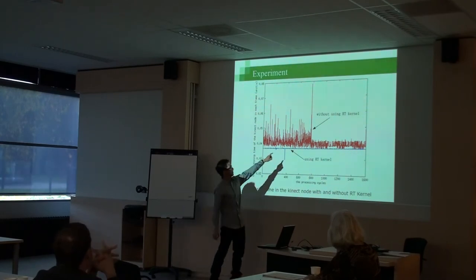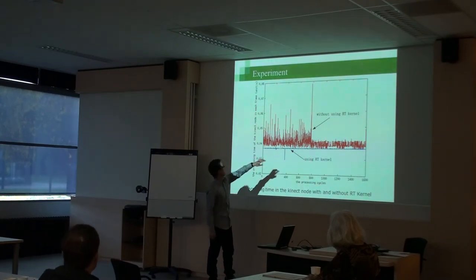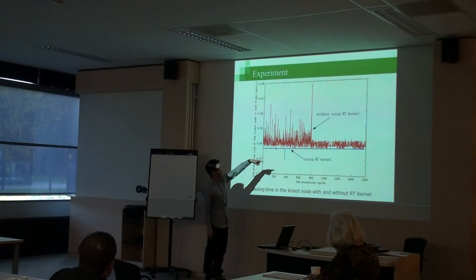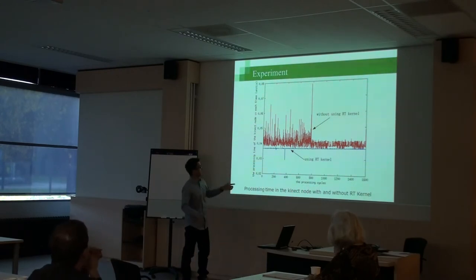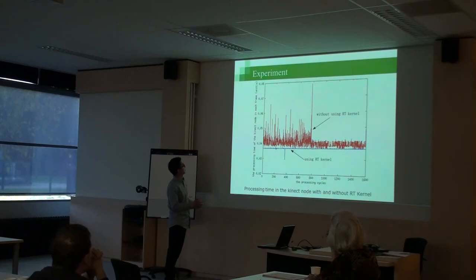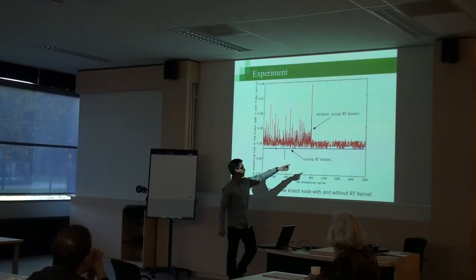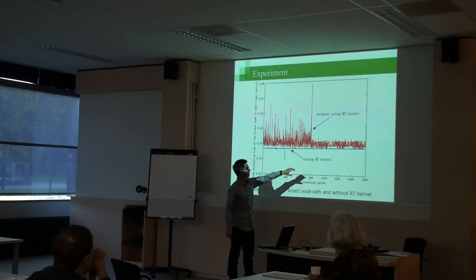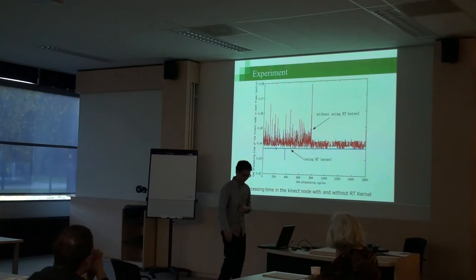The red one represents the normal one without the RT kernel. You can see the time jitter is very severe, and sometimes it makes things quite tricky. And the blue one shows the improvement when using the RT kernel. You can see the difference.